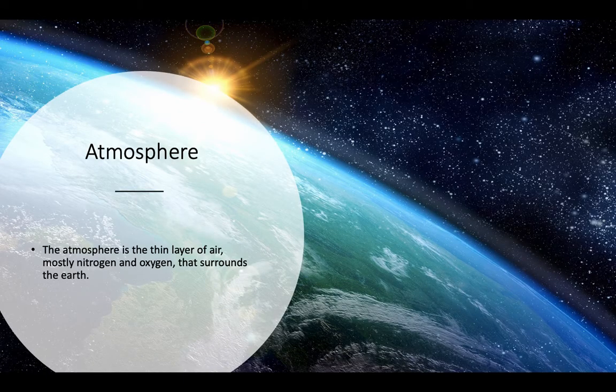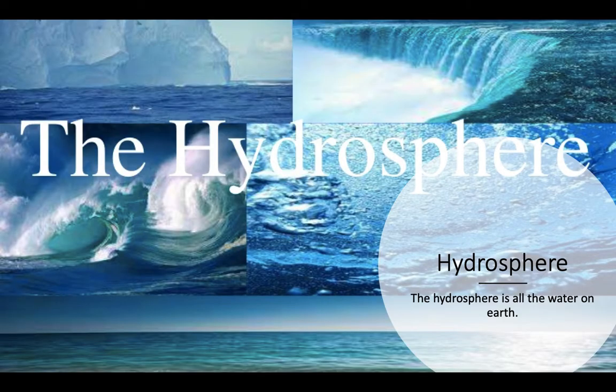All right, first thing we're going to talk about is our atmosphere. So the atmosphere is the thin layer of air, mostly nitrogen and oxygen, that surrounds the Earth. Okay, so mostly air that is around our Earth. Think of when you look up into the sky, that's our atmosphere. The hydrosphere is all the water on Earth.